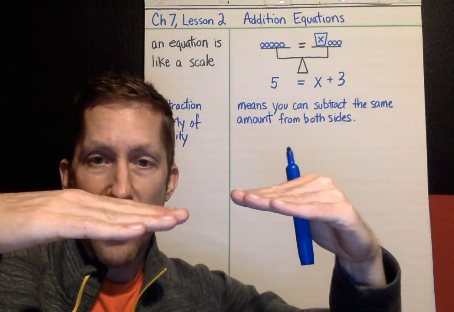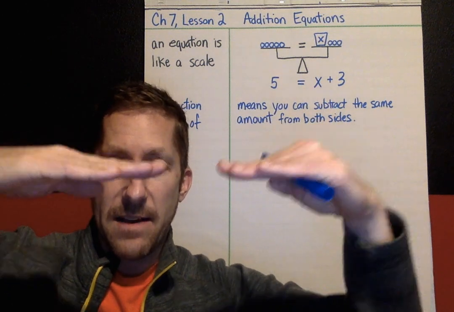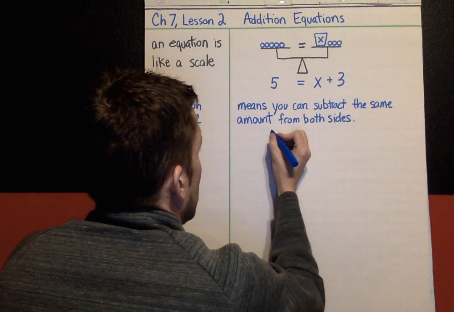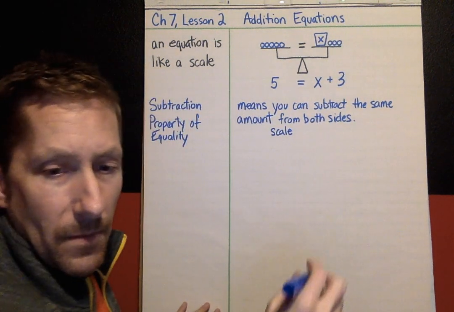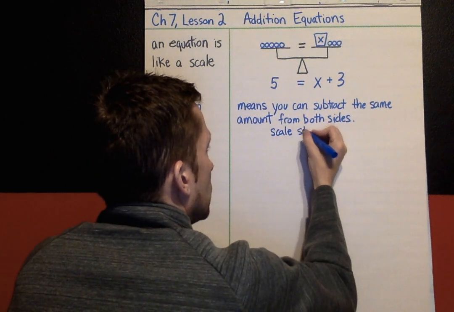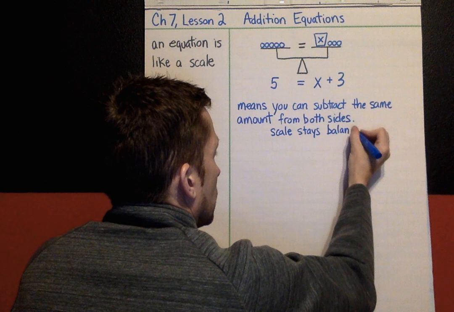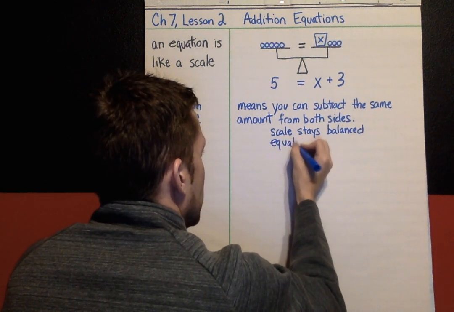If I took one counter off of one side and one counter off of the other side, it would stay completely balanced. Okay, so the scale would stay balanced, and the equation would stay balanced.